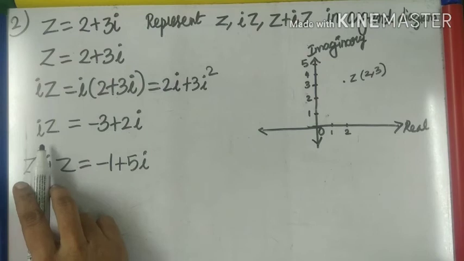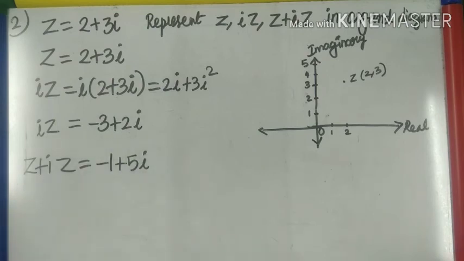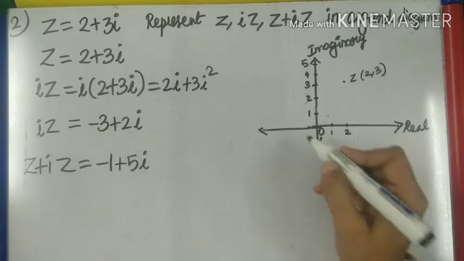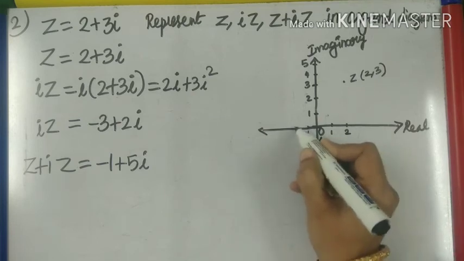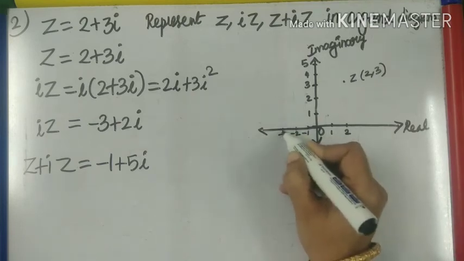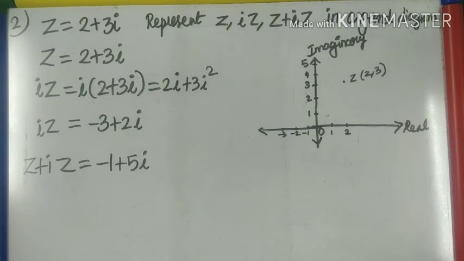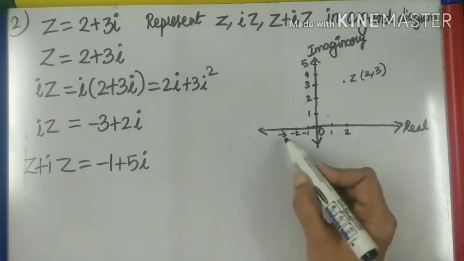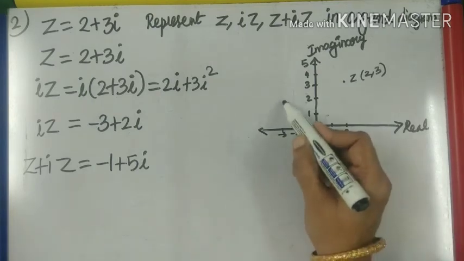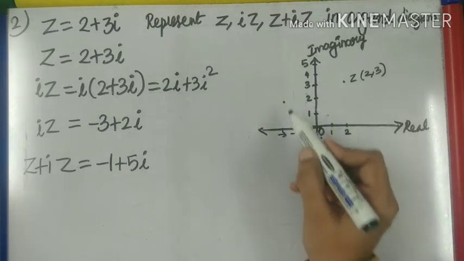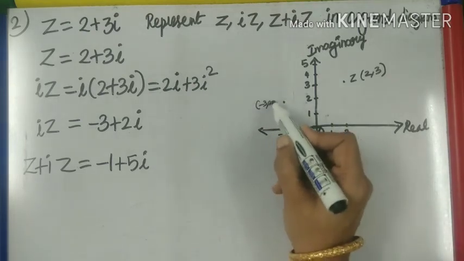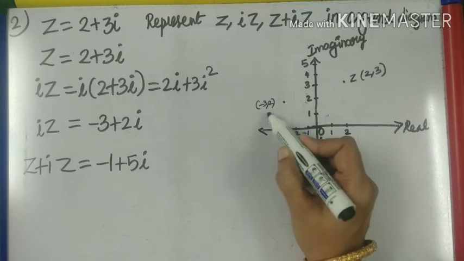And I want iz. What is iz? -3 plus 2i. So mark some more values: -1, -2, -3. So my answer is -3 plus 2. So this is the number. So I have -3 plus 2. This is i into z.